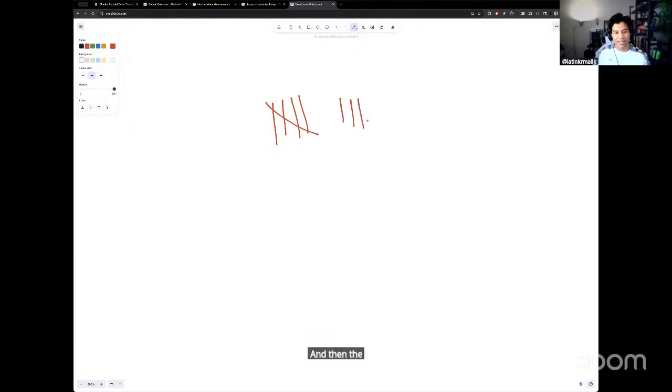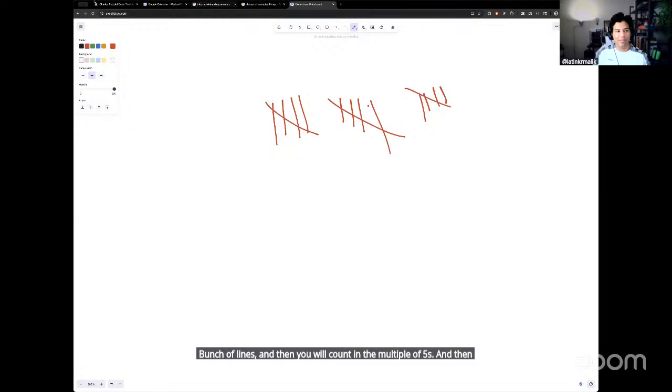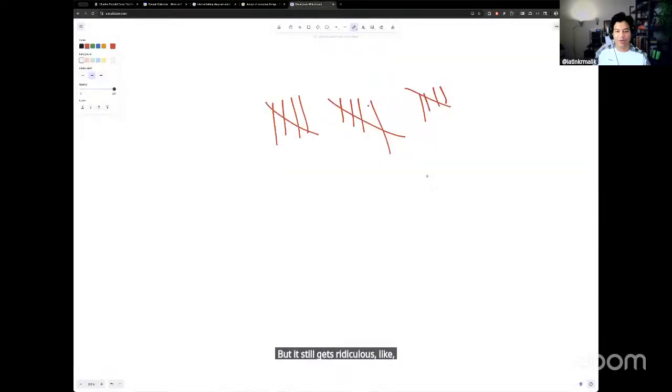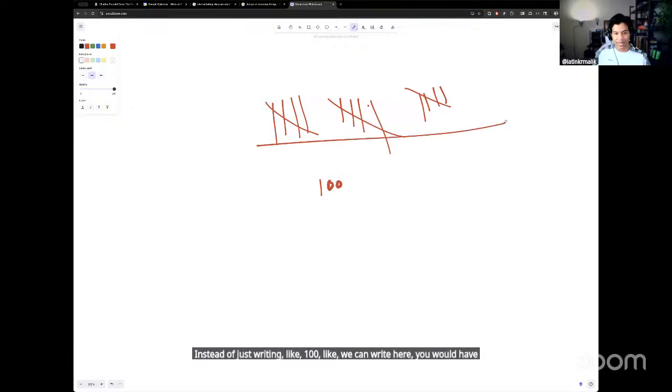The idea is that you have these bunches of lines, and you count in multiples of five. That solves the problem somewhat of how do I know what this is. But it still gets ridiculous. If you now have to count 100 ducks, instead of just writing 100, you would have to draw 20 of these things.